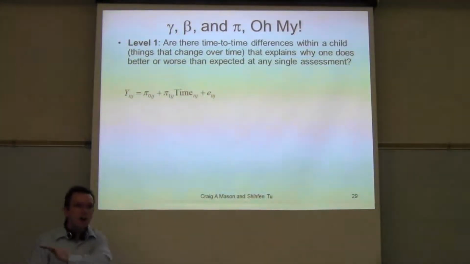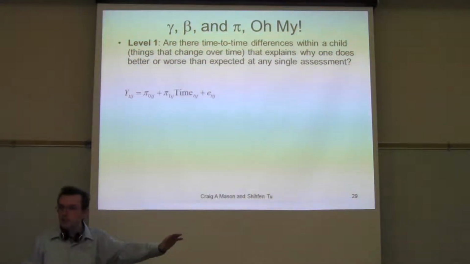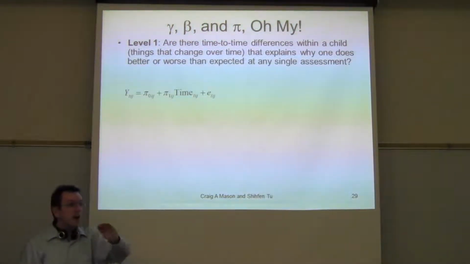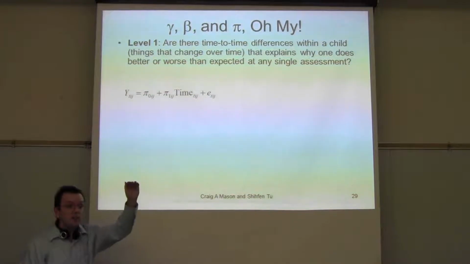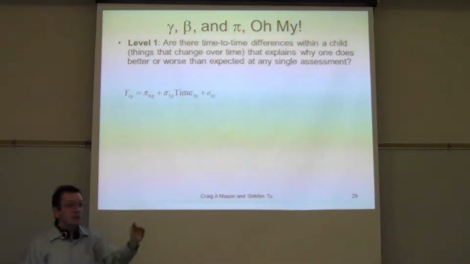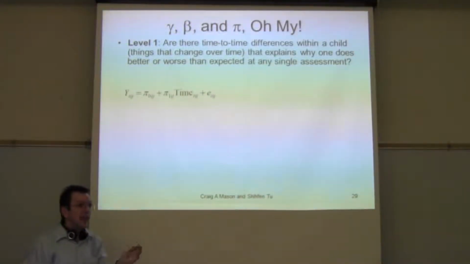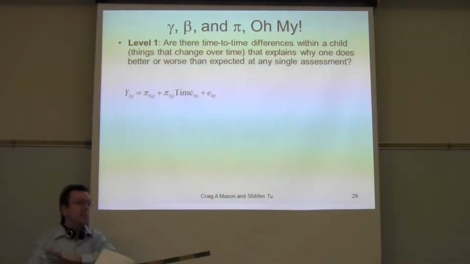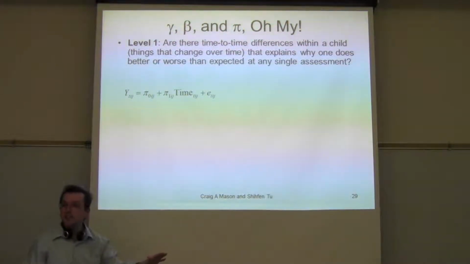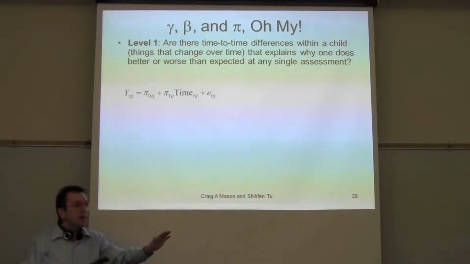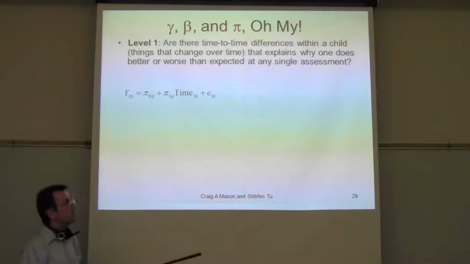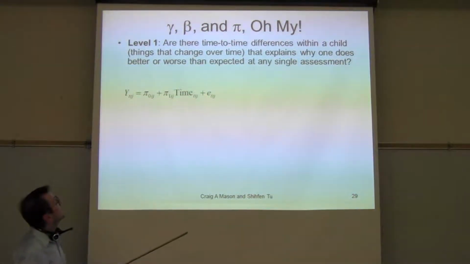You can think of them all as regression coefficients, because they are. We call them different things just to keep track, at different levels. But a gamma and a beta and a pi, you interpret them exactly the same way. They're all doing the same thing, just at different levels.